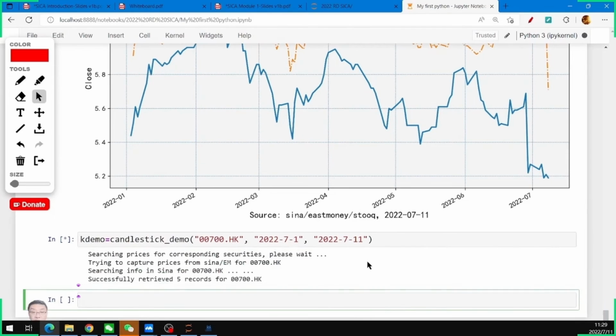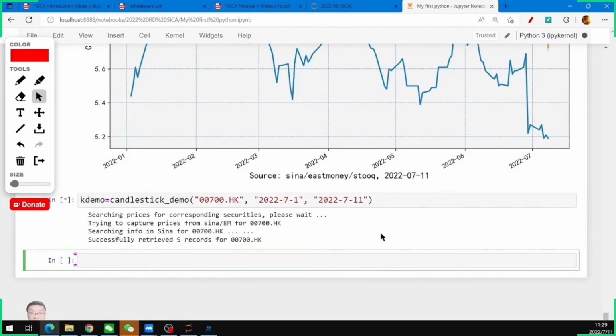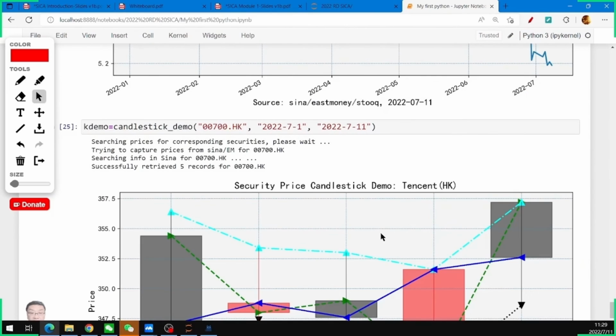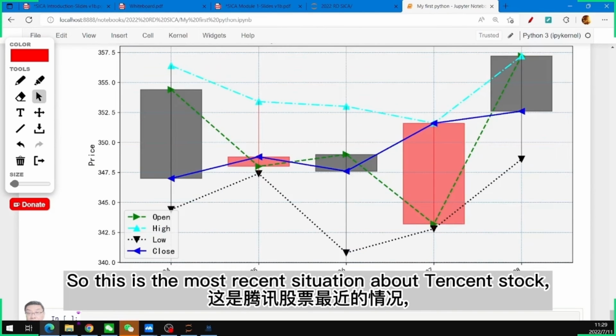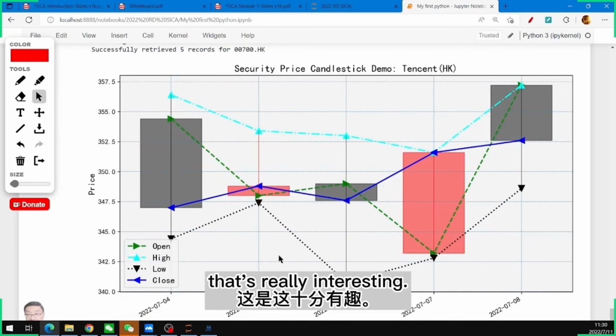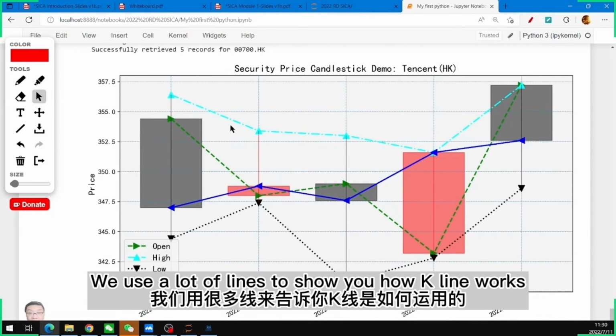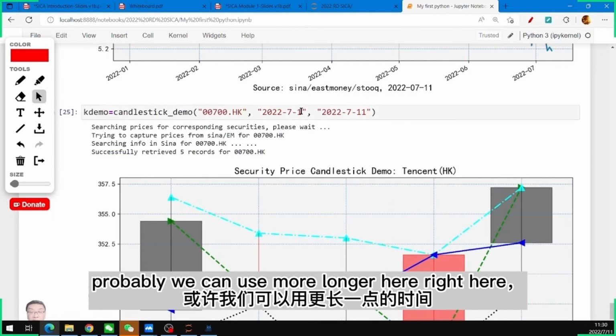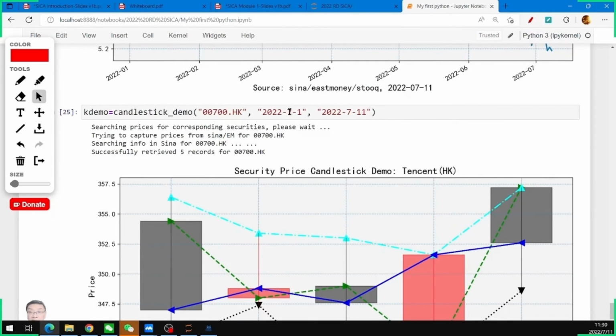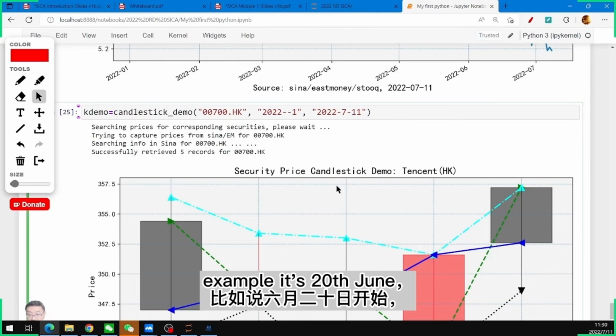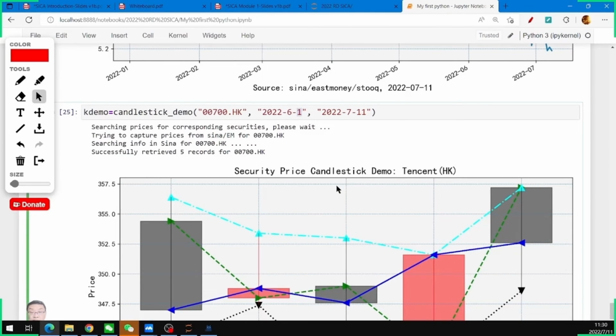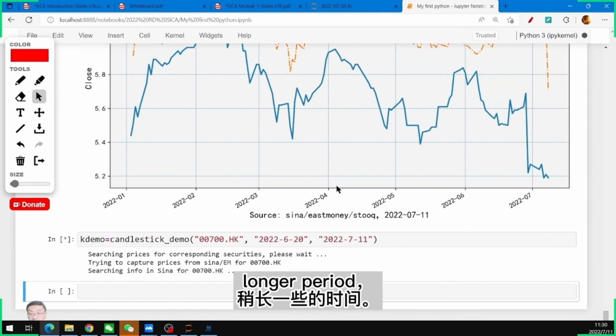Let's look at this. Okay, so this is the most recent situation about Tengxun stock. That's really interesting. We use a lot of lines to show you how K-line works. Probably we can use more longer period here. For example, it's June 20th, okay, longer period.